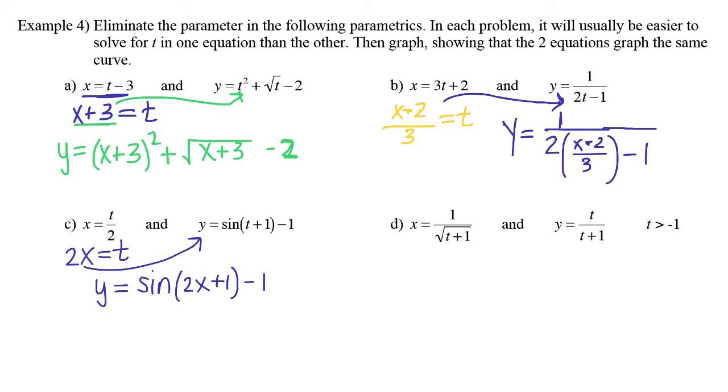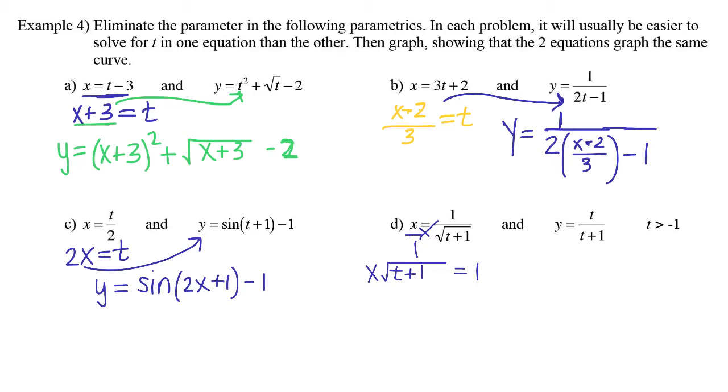Let's see, for this one, gracious, this looks terrible. Now, I would think about this as being x over 1, and I would cross multiply these. And in doing so, it looks like I'm going to get x times the square root of t plus 1, and that equals 1. I'm just cross multiplying.